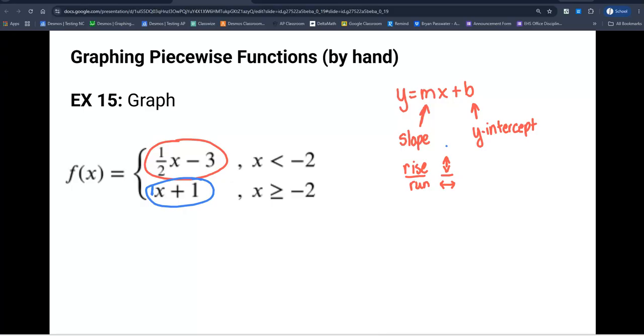Let me see it. Which one were you doing?